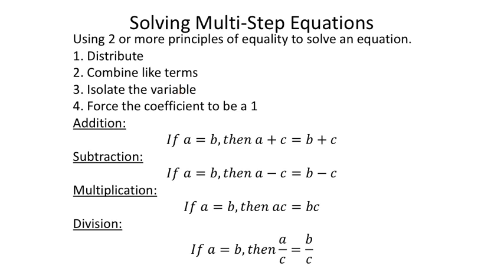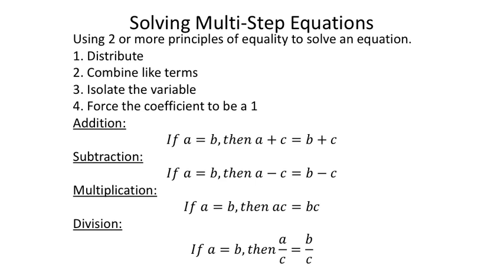Isolating the variable will include these two principles of equality, and then forcing the coefficient to be 1. That's usually just division, but we have seen examples which require multiplication as well. These principles of equality for our 4 basic operations are the only 4 operations that we should need.